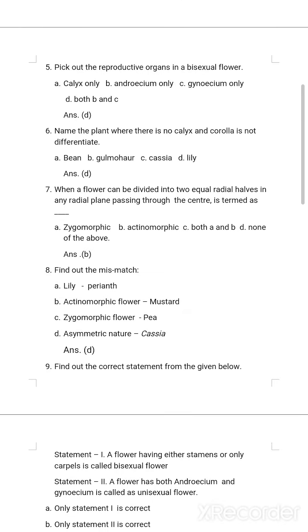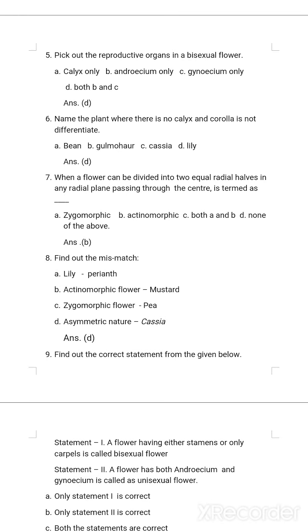Next, sixth question. Name the plant where there is no calyx and corolla differentiation. Option A, bean. Option B, gulmohar. Option C, cassia. And option D, lily. So the correct option is option D, lily.